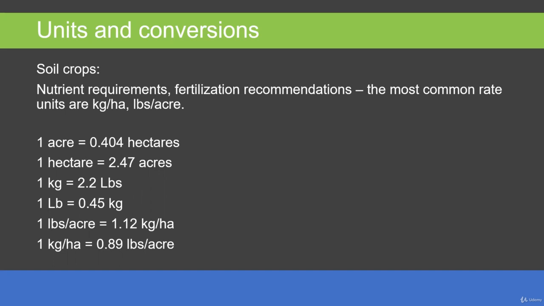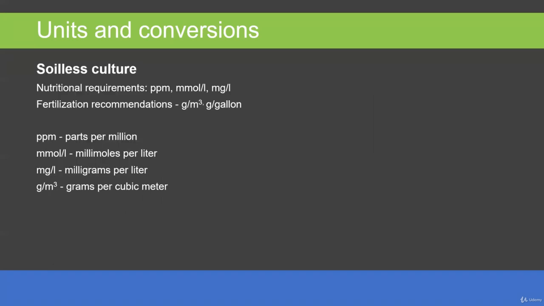Some conversion factors here: 1 acre equals 0.404 hectares. 1 hectare equals 2.47 acres. 1 kilogram equals 2.2 pounds. 1 pound equals 0.45 kilograms. 1 pound per acre equals 1.12 kilograms per hectare. And 1 kilogram per hectare equals 0.89 pounds per acre. So just that you have these conversion factors.